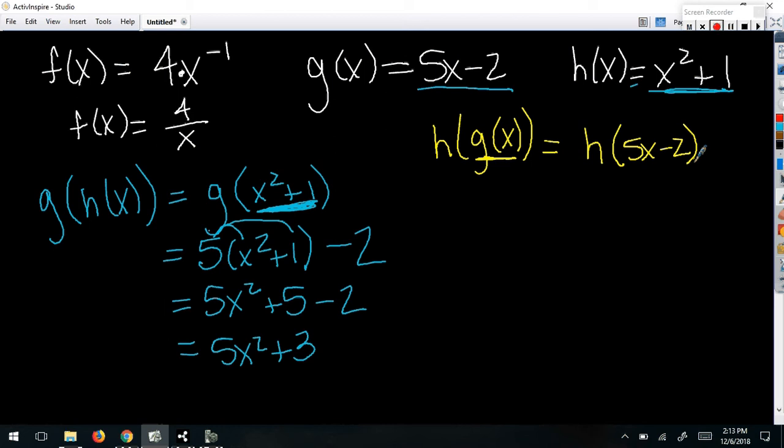Ready? Okay. Uh-oh. All right. I've got x squared, right? So it's going to be 5x minus 2 squared plus 1. Now be very careful. Can I distribute that exponent through there?